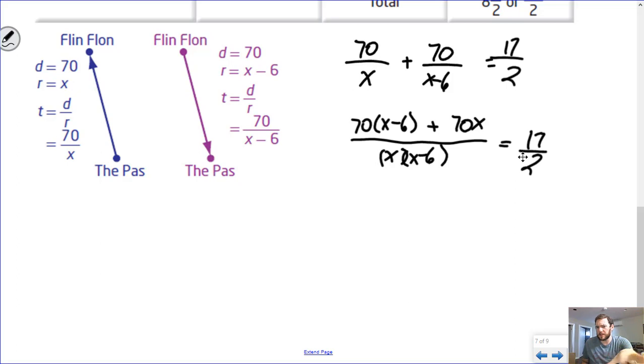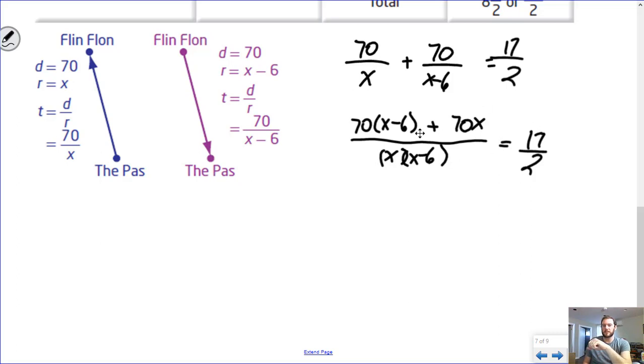Now, at this point, you might notice that I didn't do the steps from previously. You could have moved the 17 over 2 over, found a common denominator for everything. But when we have this thing here that's not a rational expression, it's just a rational number, just a number by itself, I'm going to leave this here for a second.